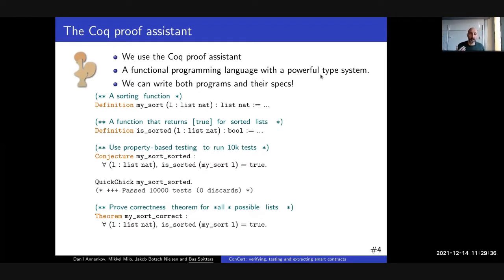You can define a predicate, a decidable predicate in this case, saying that something is sorted. Then you can state a conjecture, saying that if you sort a list, then it will always be sorted, and then you can do 10,000 tests, and you can see here that in this case it's actually true. And then you can prove correctness. You can actually prove that the sorting function always returns a sorted list.